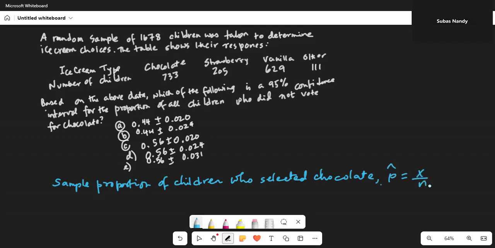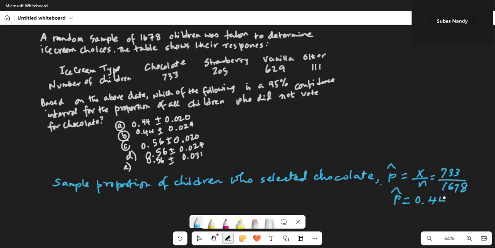X is the number of children who selected chocolate as their favorite divided by the total sample size of 1,678. I'll use my calculator: 733 divided by 1678, and that is equal to 0.44.